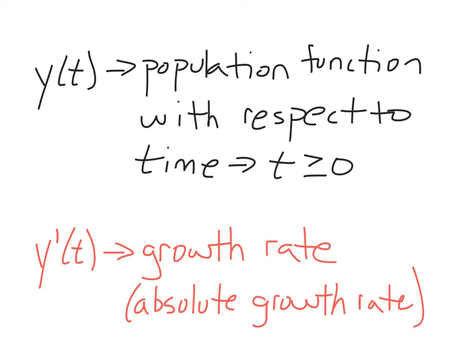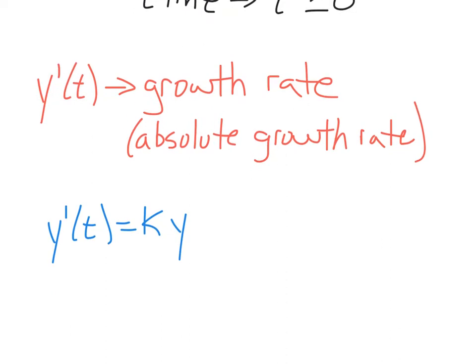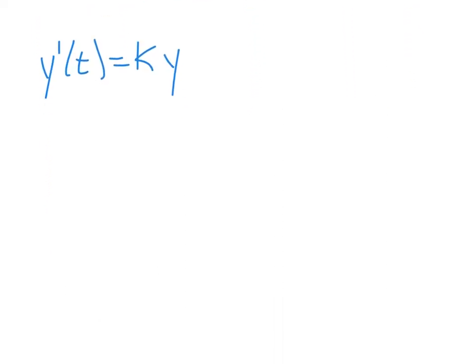And so since it is proportional, since the growth rate and the population itself are proportional, we can set it up in this fashion. And this is just the kind of like the definition of proportionality. And so we're saying that the growth rate is related to the population proportionally by this constant k.